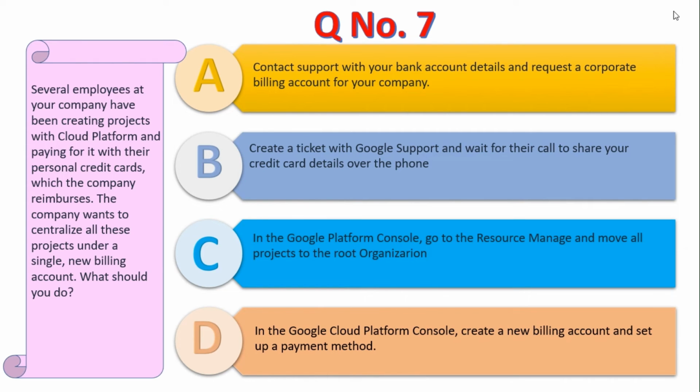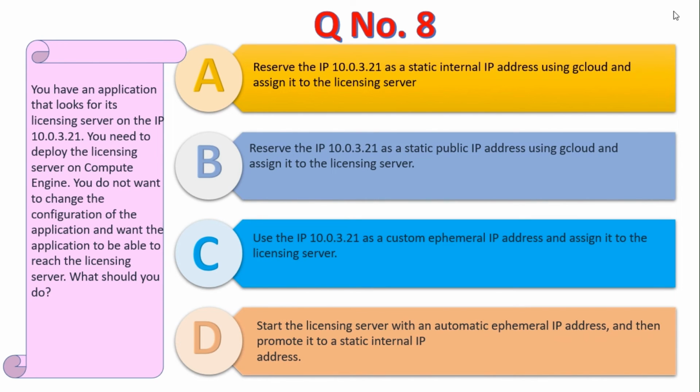B. Create a ticket with Google support and wait for their call to share your credit card details over the phone. C. In the Google Cloud Platform console, go to the Resource Manager and move all projects to the root organization. D. In the Google Cloud Platform console, create a new billing account and set up the payment method. D is the correct answer.